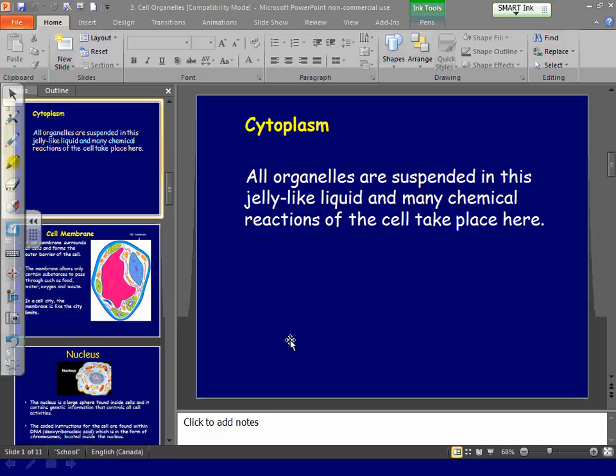So the cytoplasm, and you can write that whole thing down for this one. For the other ones, I'm gonna have it a little less. We're gonna kind of pick and choose. Nice technique. You can make that box bigger and wider, right? Okay, good. All organelles are suspended in a jelly-like liquid, and many chemical reactions of the cell take place here.